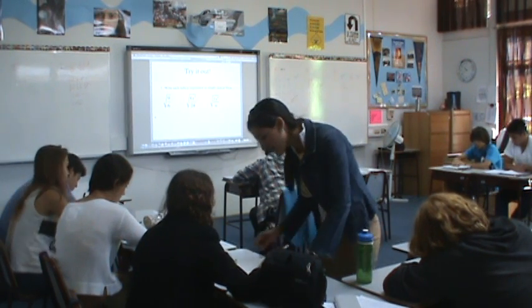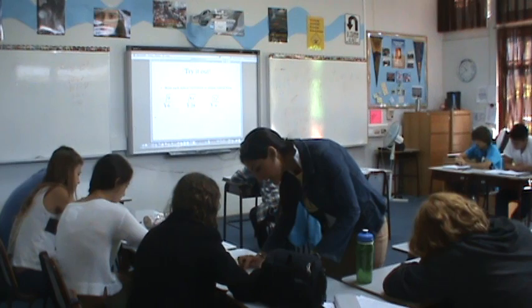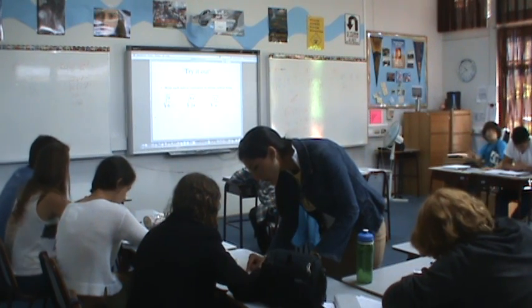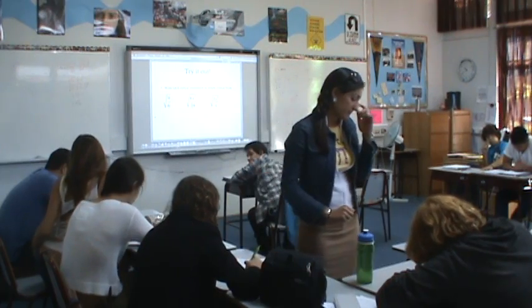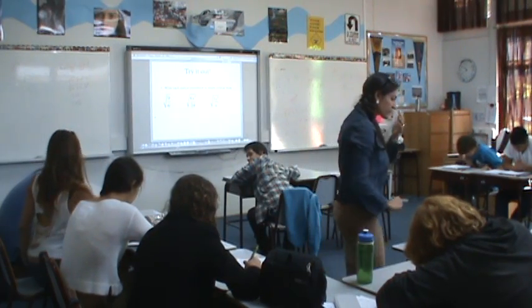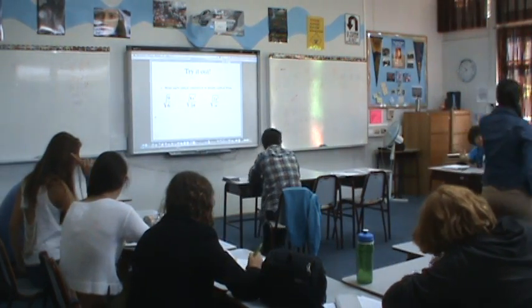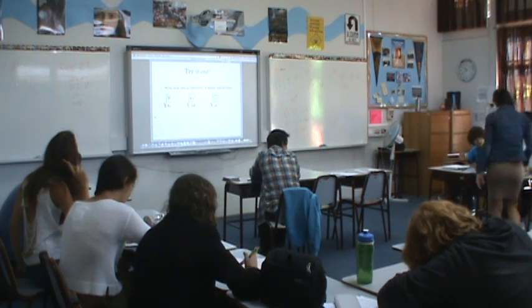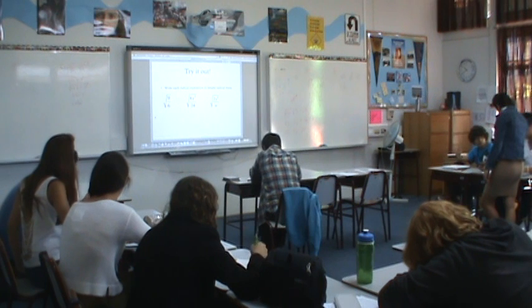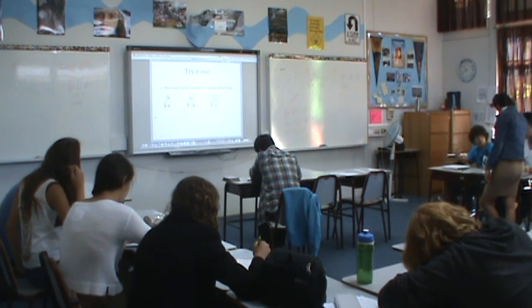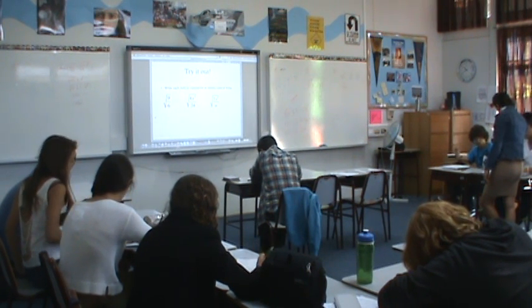Let's see. So you got that and that. This is a 3, this is square root of 3, but it's the same thing, so they don't cancel. How did you get from here? Okay, I see, you divided both of those.